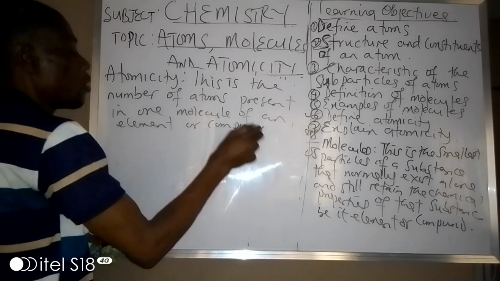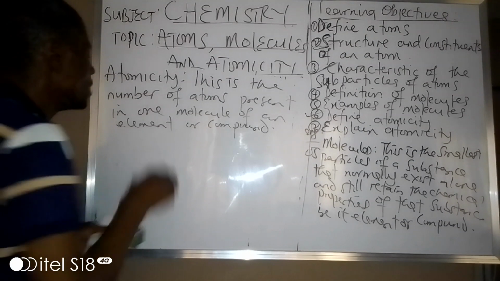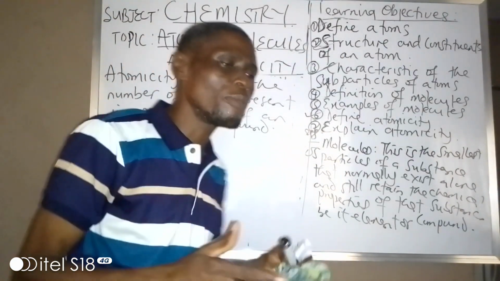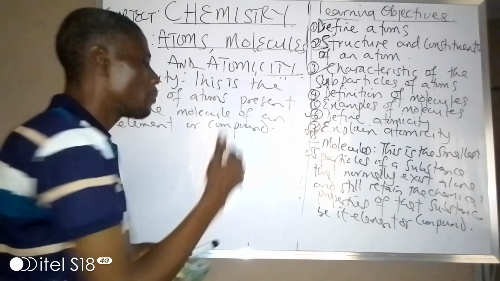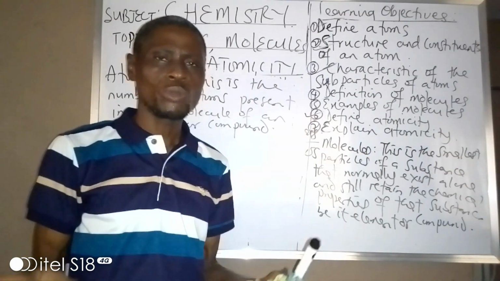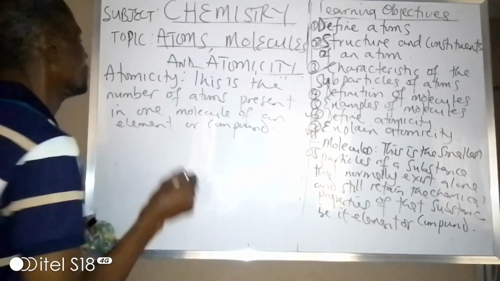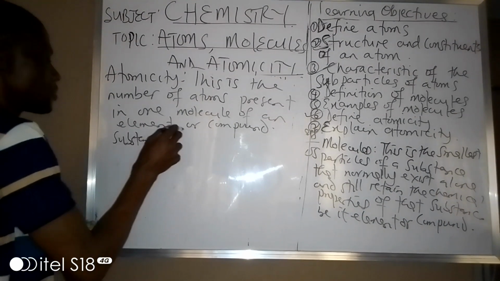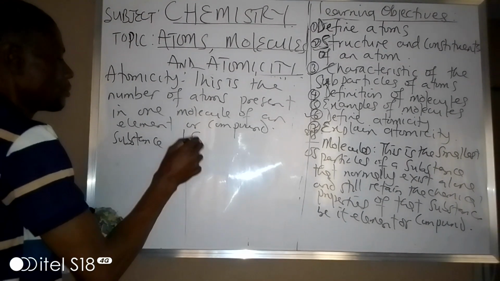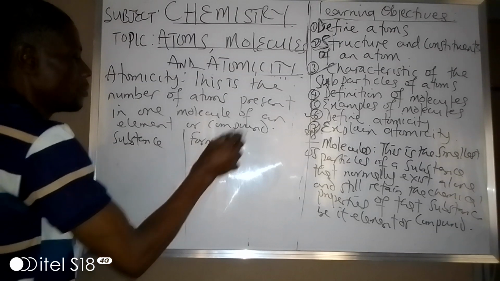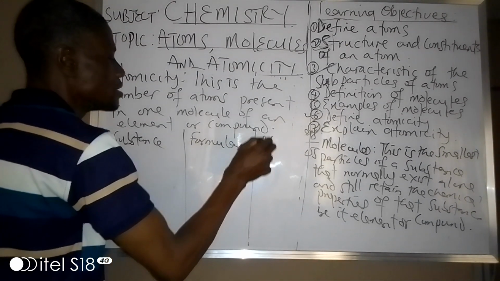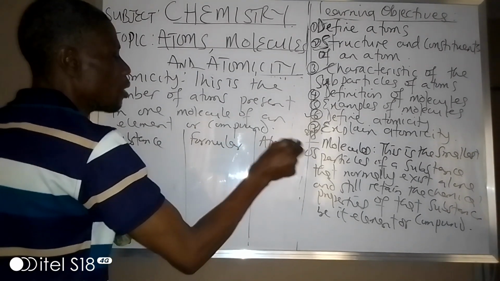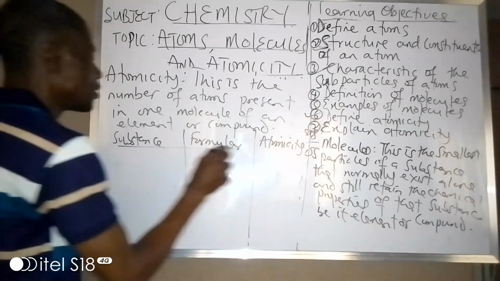Why do we say element? You find that some elements can be in the form of molecules, and some compounds are in the form of molecules as well. So let us write down substances, their formula, and then atomicity. Atomicity means the number of atoms in each one of them.